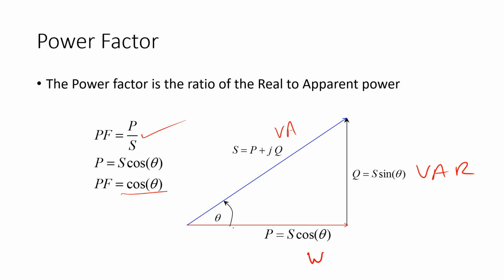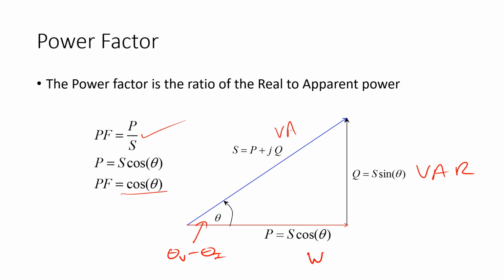And this is what we would look at as power factor most of the times, the cosine of the angle between S and P. This angle is also the same as the angle between the voltage and the current, theta V minus theta I, the phase voltage and the phase current.